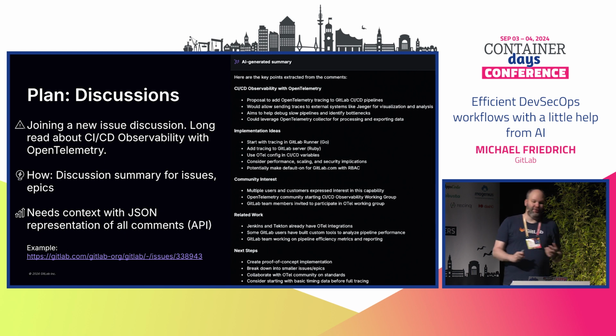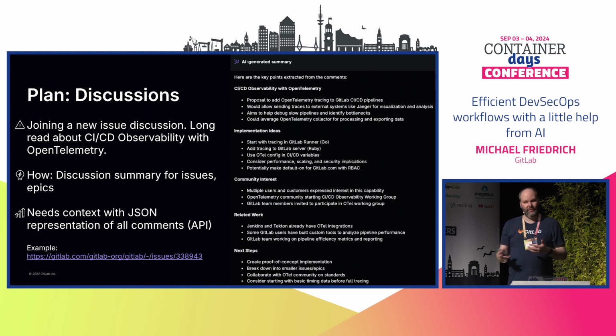When I have created an issue, sometimes I'm joining a discussion which is endless, has 100 comments or even more, and it takes me a while to get into the conversation. Another use case of AI is to say, well, please summarize the issue description and all the discussion in that issue.